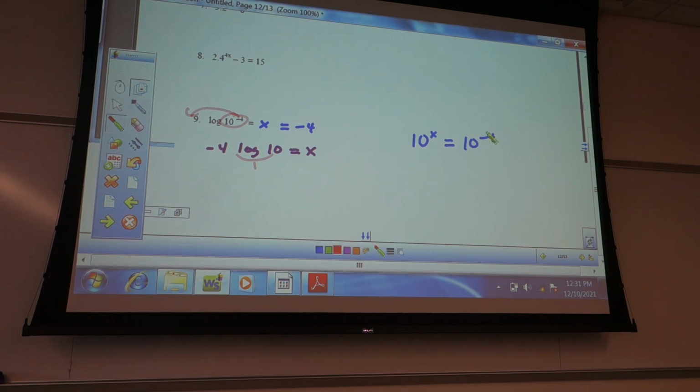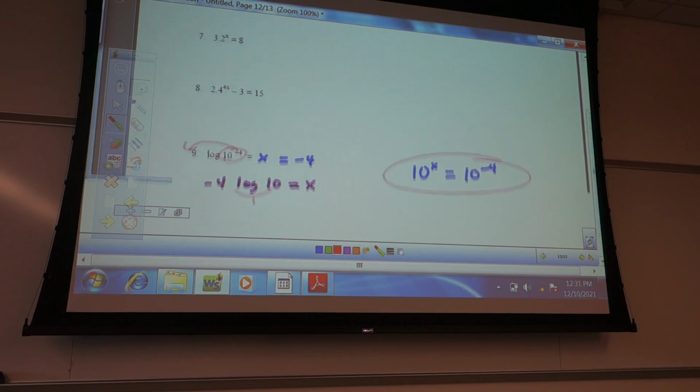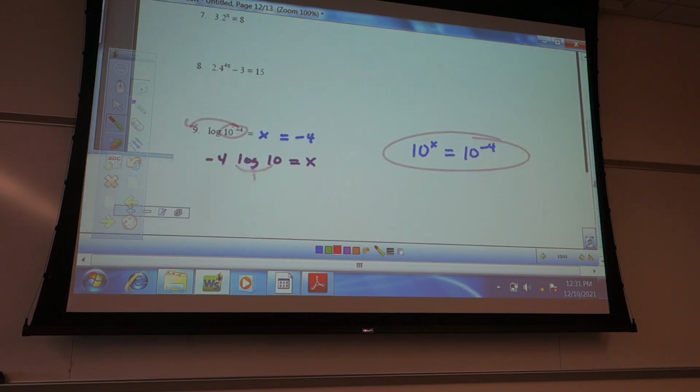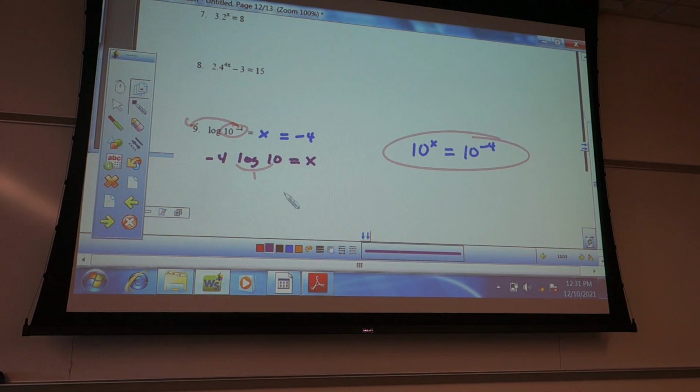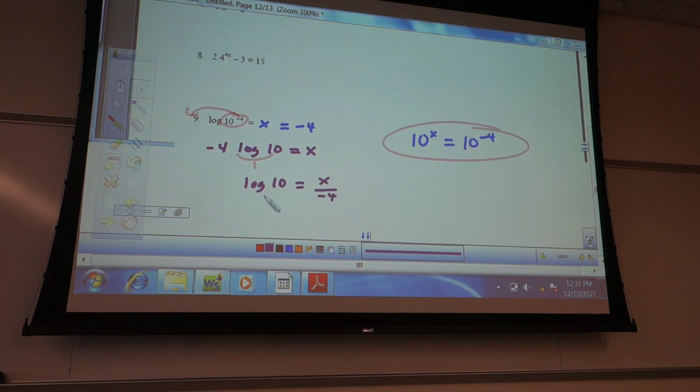This is so much easier, unless you realize that this is 1. I mean, you'll get there.